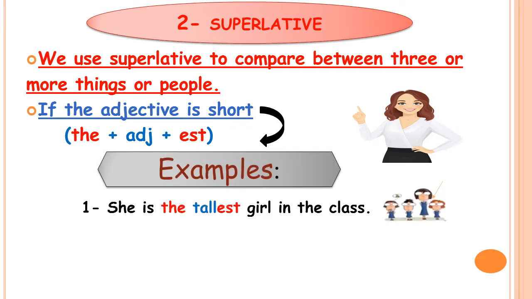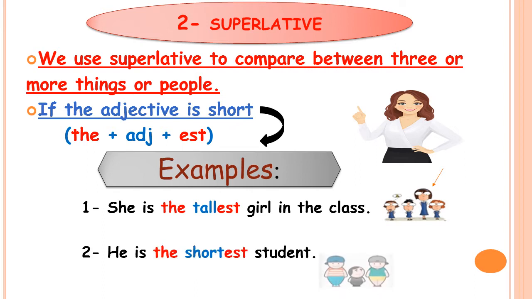Example number 1. She is the tallest girl in the class. As you can see here, we have the plus the short adjective plus est. So it will be the tallest. Okay?